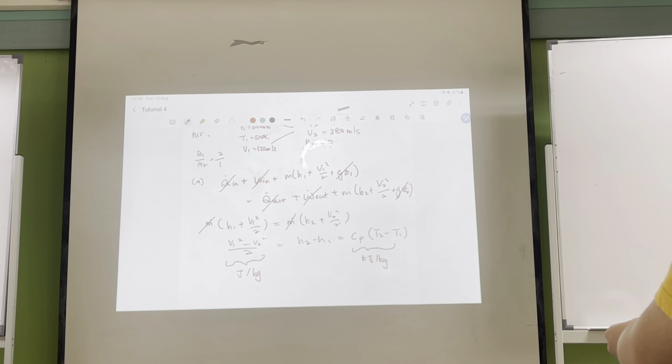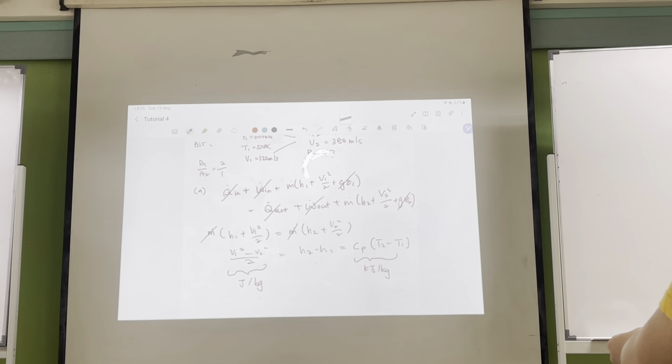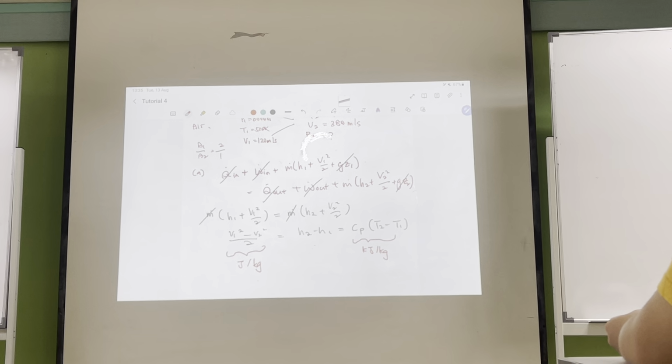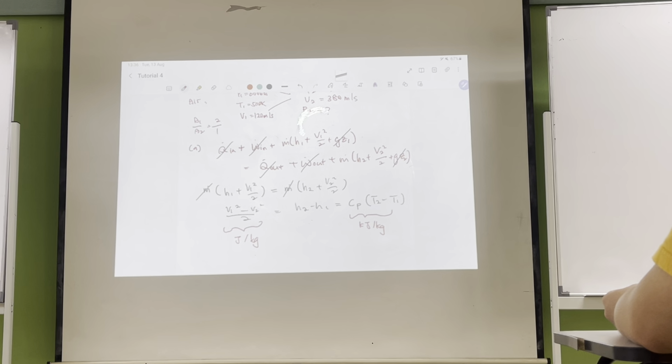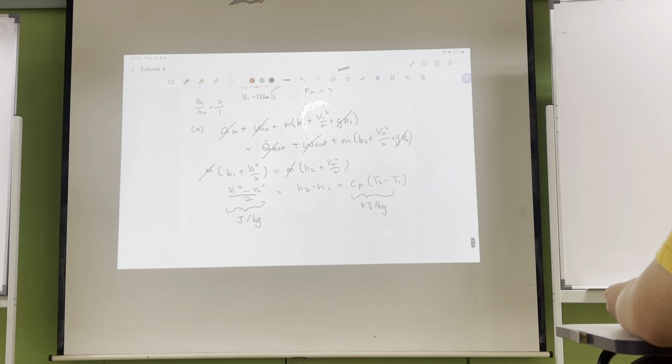So if you notice that it changes your value by too much, then something is wrong. Potential energy, maybe yes, you might have a lot of effect, but velocity, kinetic energy, no, not much.